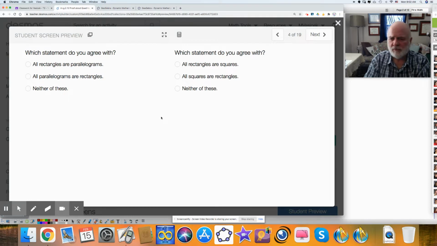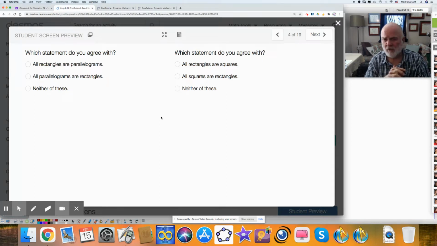Now here's a couple of statements. Do you agree with either one of these? All rectangles are parallelograms. All parallelograms are rectangles. I don't think all parallelograms are rectangles because I could have something like a rhombus. It's actually true that all rectangles are parallelograms.